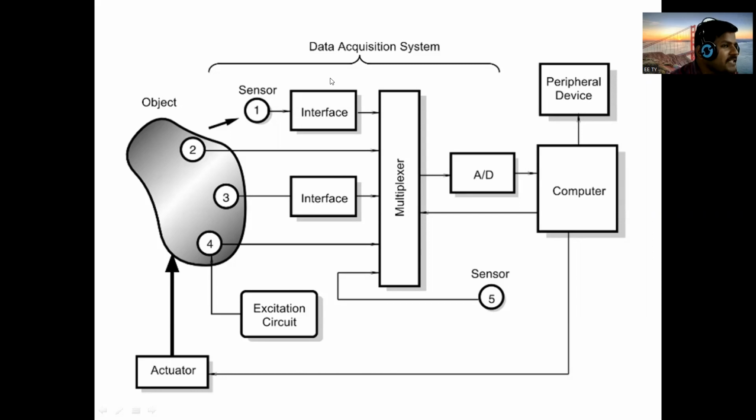What is the function of the multiplexer? The multiplexer is one type of switch where a number of input circuits are connected, but the output is obtained from the multiplexer one at a time.